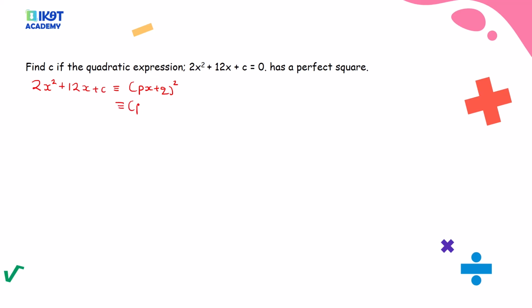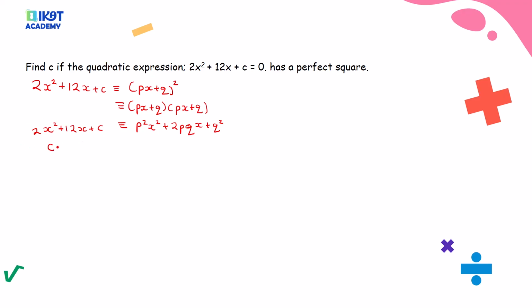So what will this be? This will be the same as px plus q into px plus q. So eventually we would have p squared x squared plus 2pqx plus q squared. This is 2x squared plus 12x plus c is equals to that.